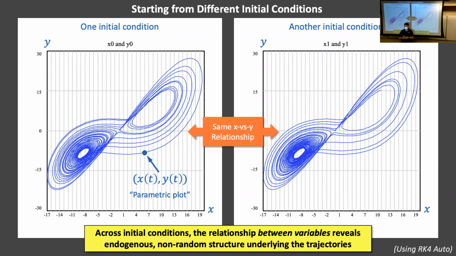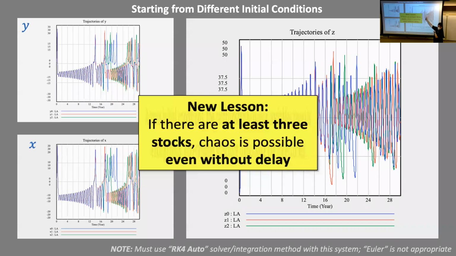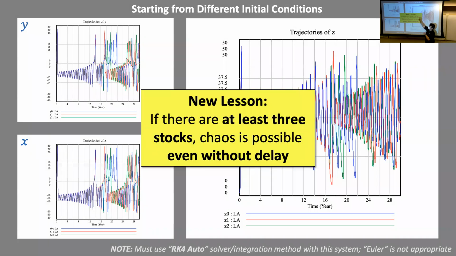And if I choose different initial conditions for my system, I get the same shape. So plotting stocks against each other is a way to detect if this was truly random behavior over time in the previous slide. If this was truly random, plotting X versus Y would just give me a random relationship. I wouldn't get any structure.